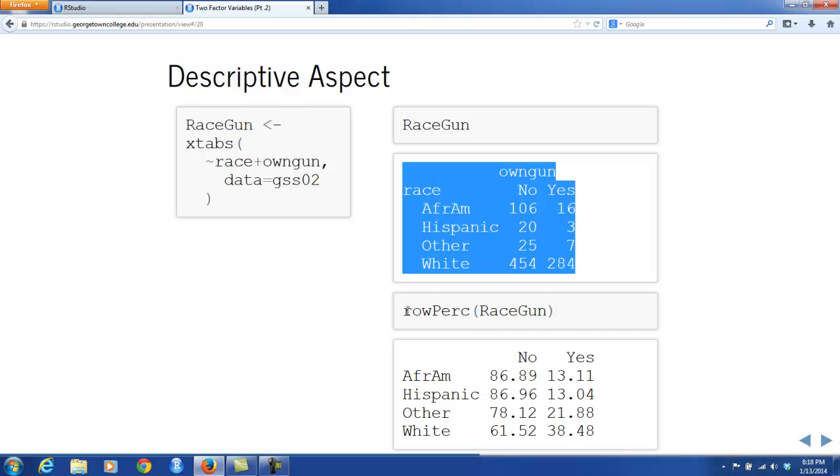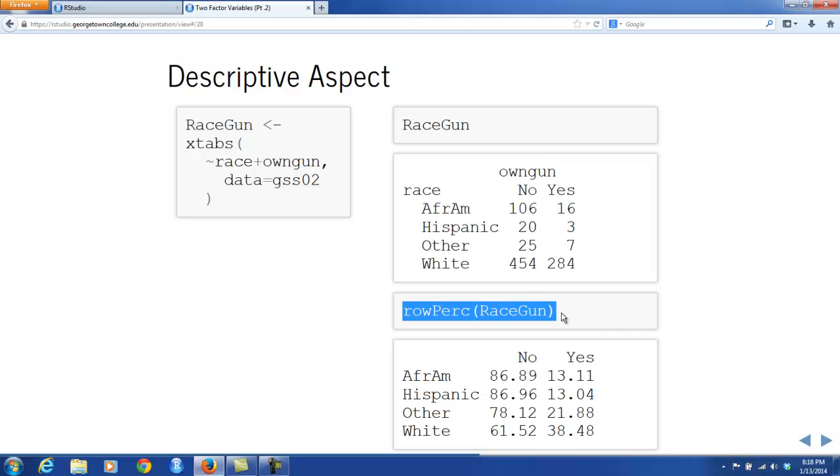Taking row percents, we can investigate to see whether the conditional distributions of gun ownership, given the 4 possible values of race, are the same or not. Now remember, to see if the conditional distributions differ, you should look down a column and see if there are any big differences in the percentages. I'll just look down the yes column here.